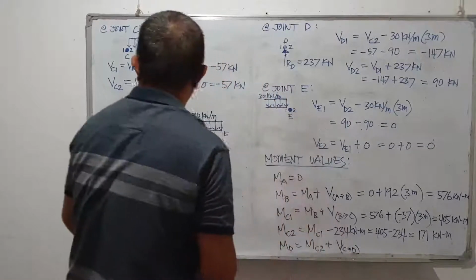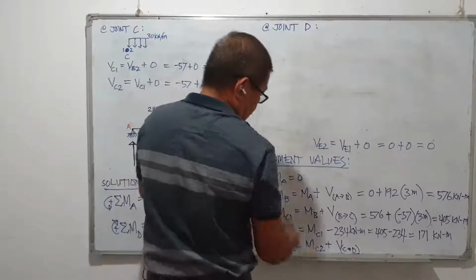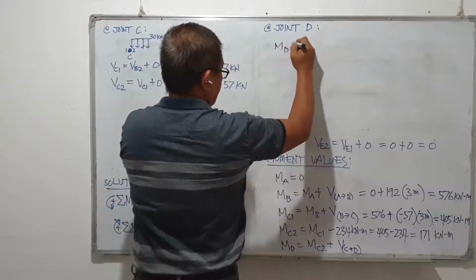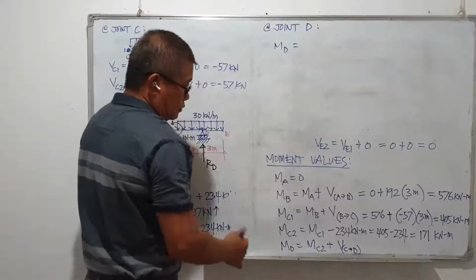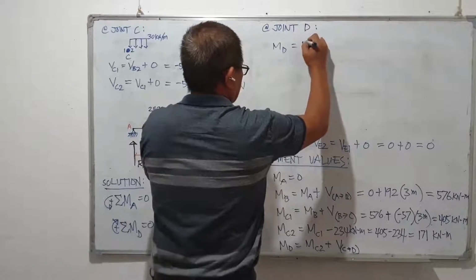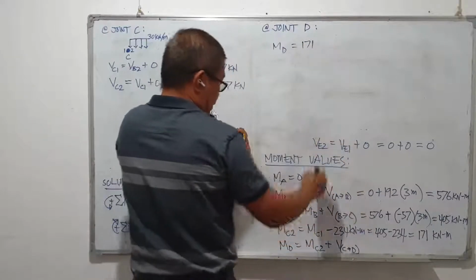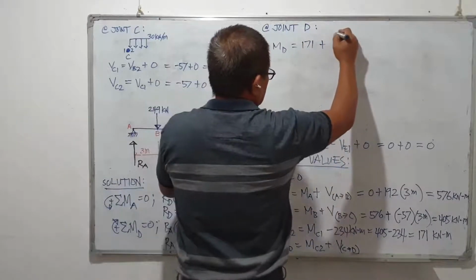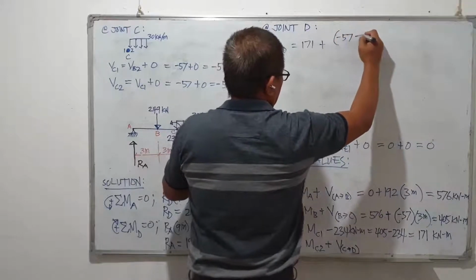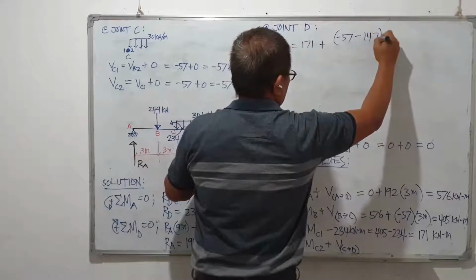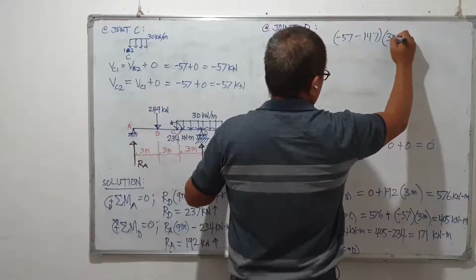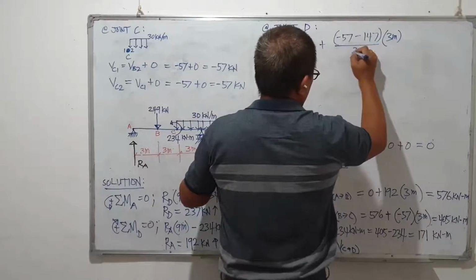Okay. So from this equation we will have MD equal to MC2, 171 is positive, and plus this is minus 57 and minus 147 times 3 meters, divided by 2.